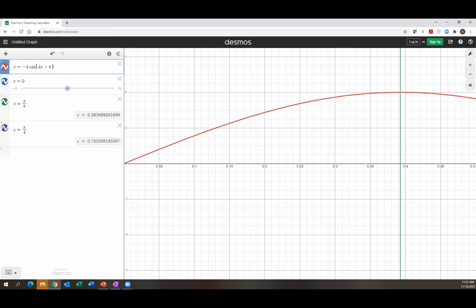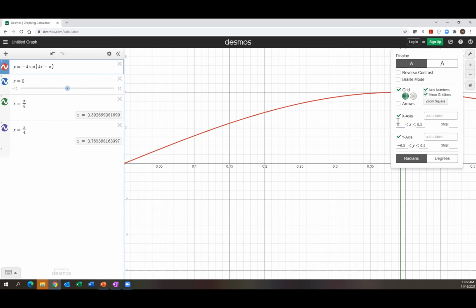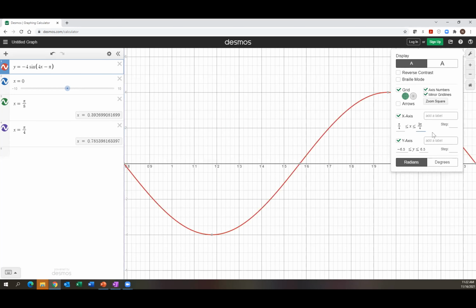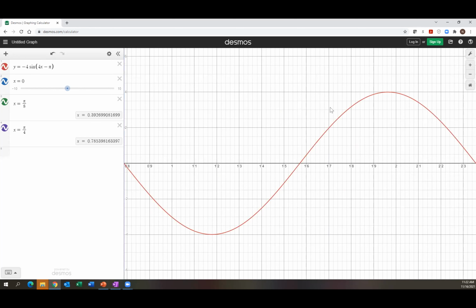We want to come back over here and change our settings so that my x-axis is now between pi over 4 and 3 pi over 4. We can see that we do 1 full period here. Now notice that our pi over 8 and pi over 4 values may not fall inside of there anymore, so we just have to be careful of that.